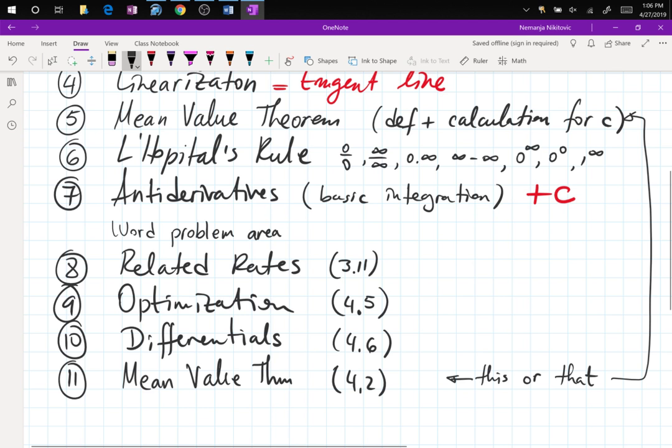I mean, if this is your terminal course, then you're done, terminated, right? But if you're taking Calc 2, and if you're going to be an engineer, obviously, everything is a word problem. It goes like this: go construct a bridge. That's your word problem. So now you have to go and make a bridge. Or get me a new version of the car or something like that. That's all word problems.